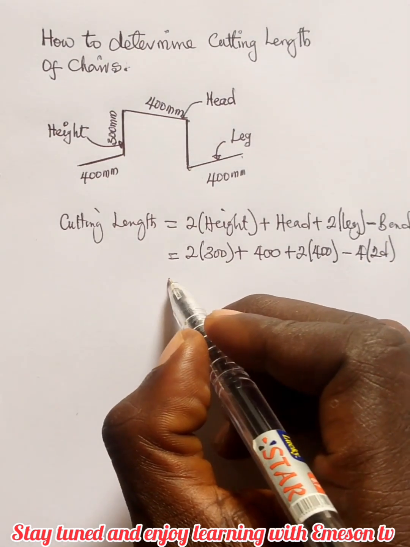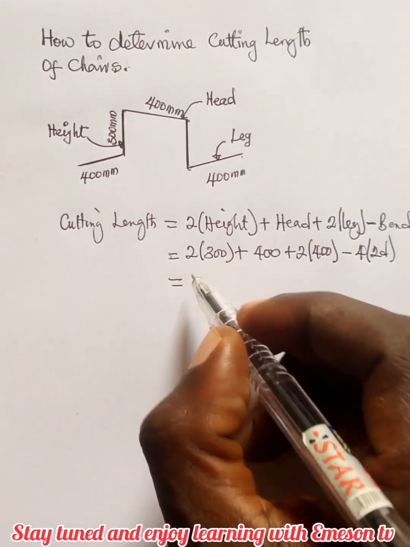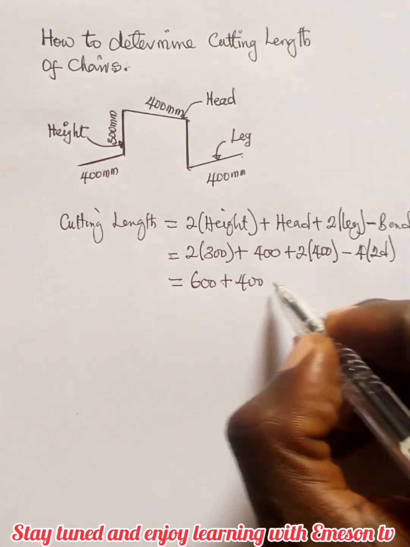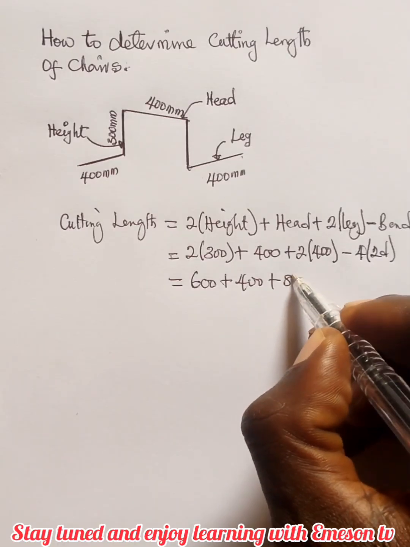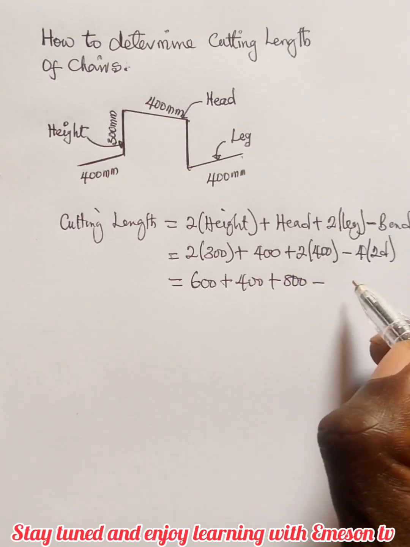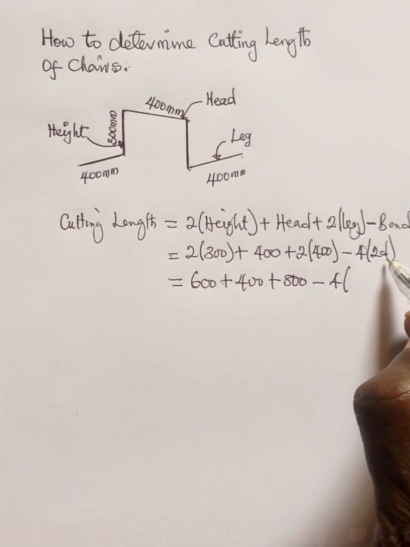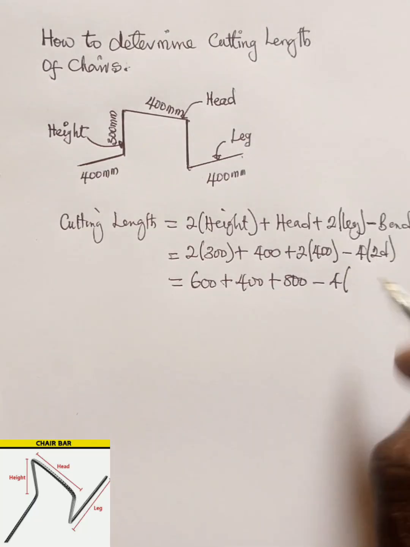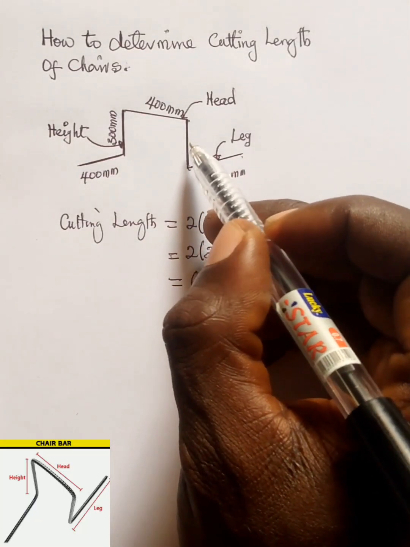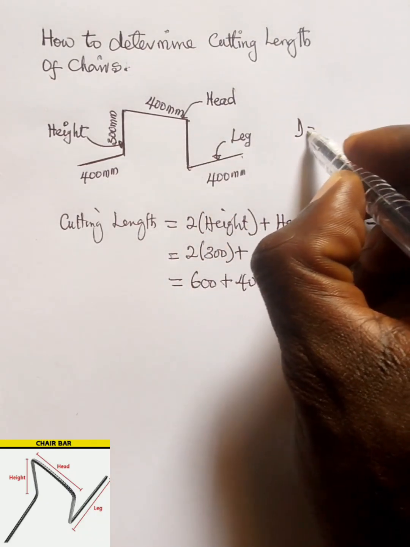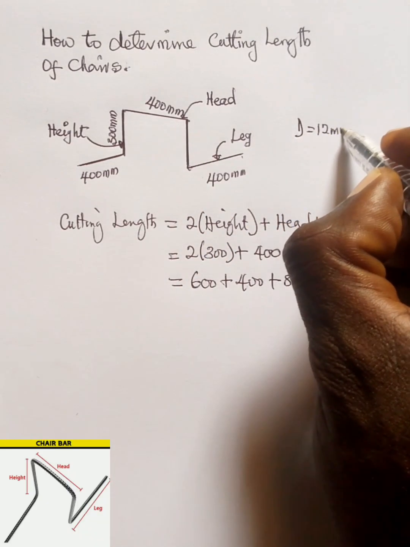So let's proceed. This times this will give us 600 plus 400 plus 800 minus 4. Then what is the deal? Take note that the diameter of our chairs is always 12 mm.